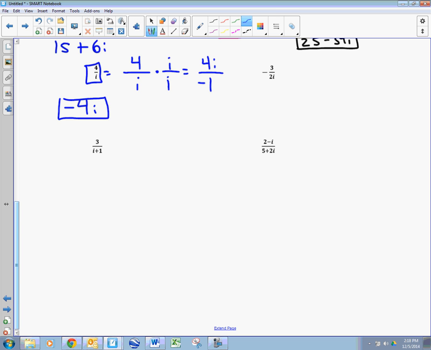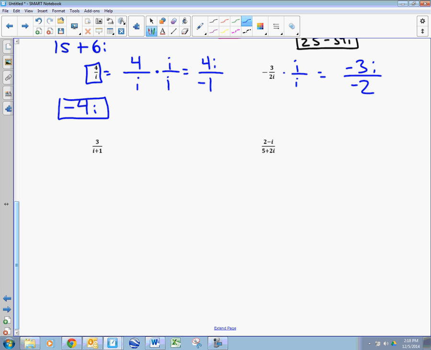See that trick? A lot of times people want to take this one and multiply by 2i. I don't need to do that. I just multiply by i. 2i times i is negative 2. Negative 3 times i is negative 3i.